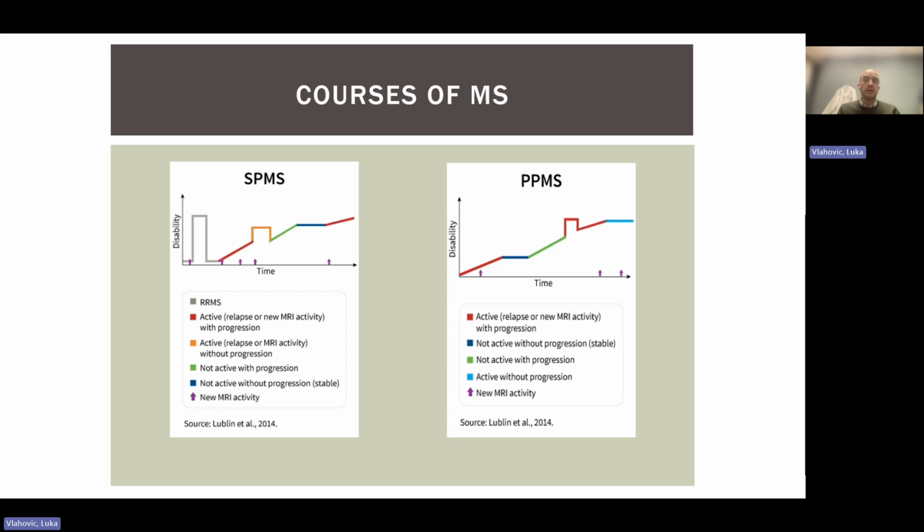They really won't have relapse as the main hallmark of disease, but rather a gradually worsening course since the beginning. Usually symptoms affect especially the lower extremities, with weakness, stiffness, walking difficulties, bladder and bowel difficulties, developing over months and years.